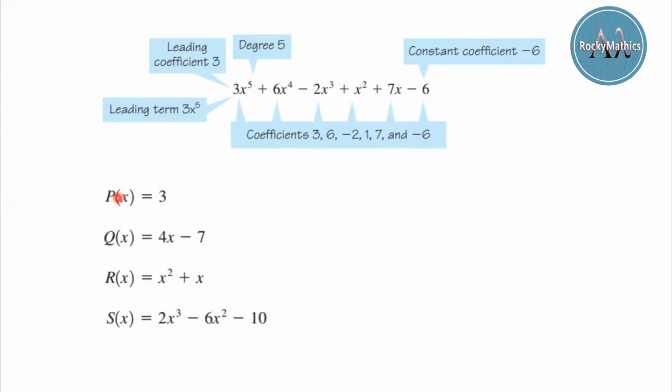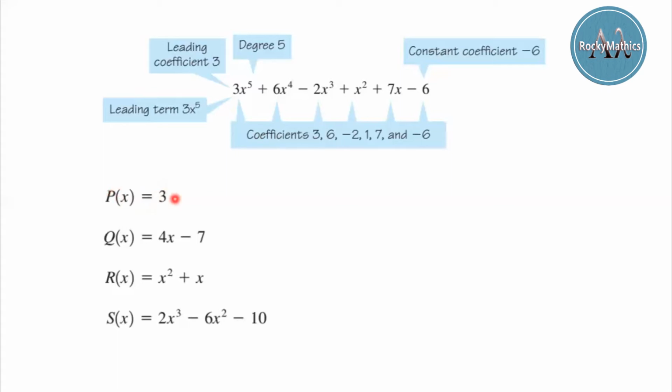If we are given a constant function, recall, it is a function where the range is the set of constant. In this case, p of x is equal to 3, so this is a constant function.